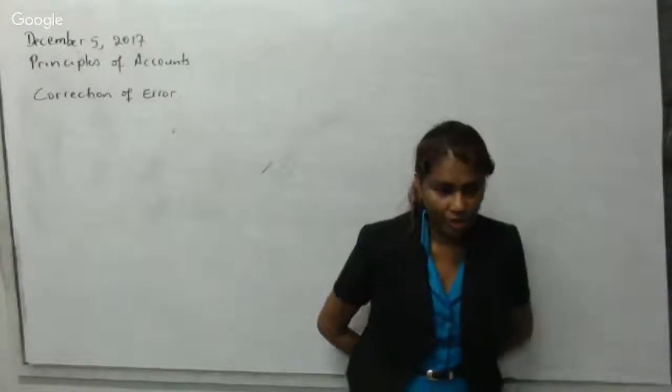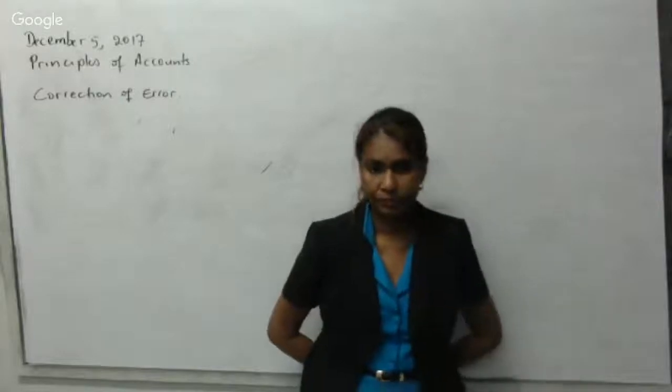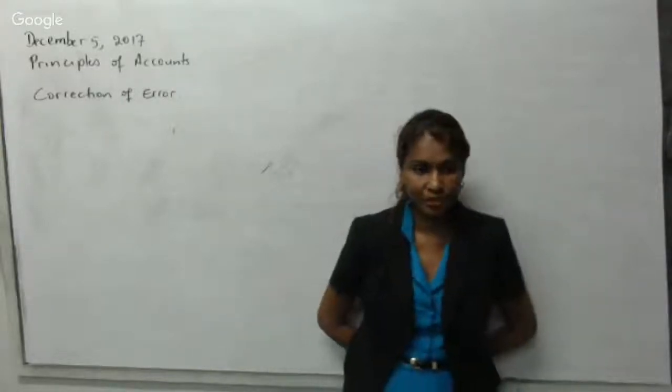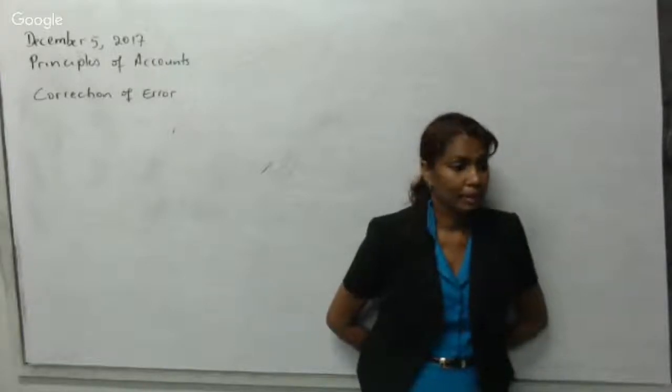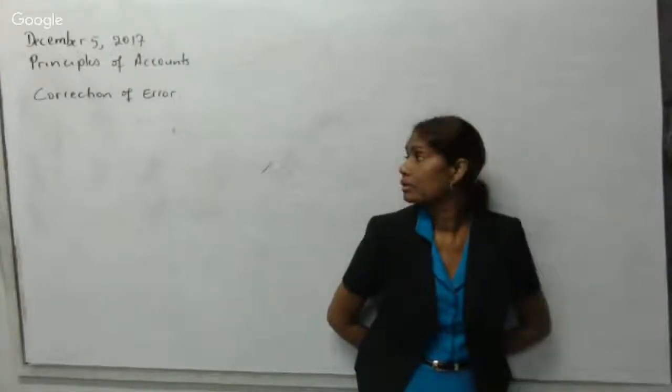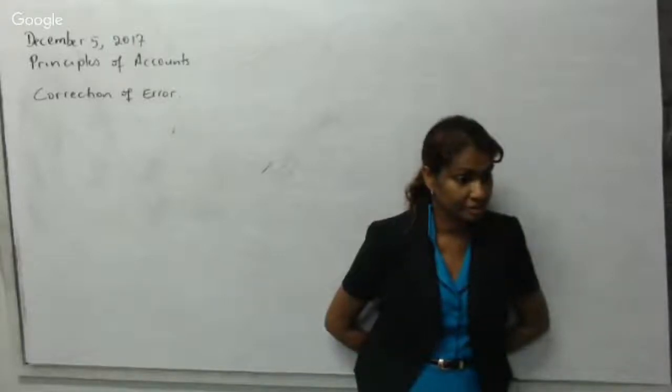Now, if you recall when we had done the general journal and we went through the uses of the journal, among the uses was this one. The journal is used for correction of errors, right?